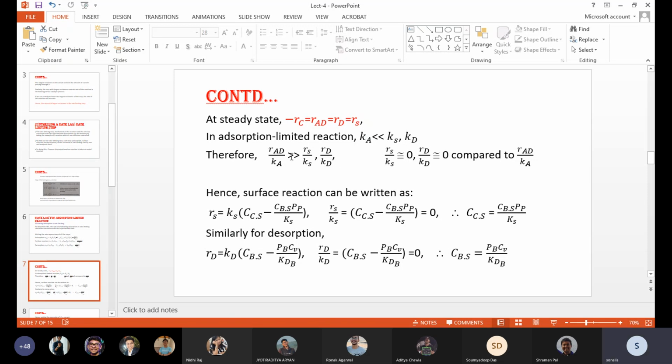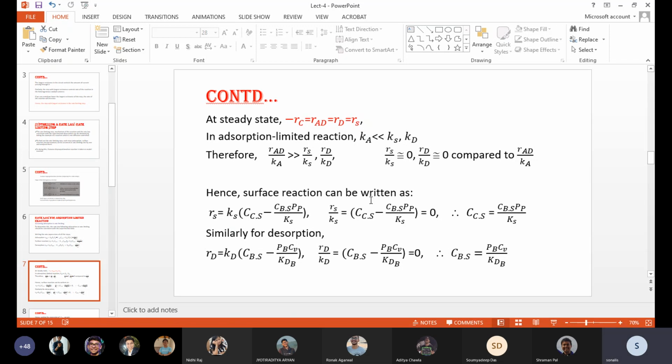And as it is very high compared to the other two, we can take Rs by Ks and Rd by Kd as almost equal to 0, or rather negligible. As it is negligible, we are considering it as 0 compared to Rad by Ka. They have some value, but compared to this quantity they are very small, so we say that they are approaching 0.